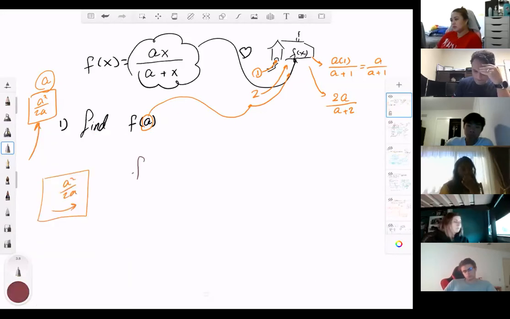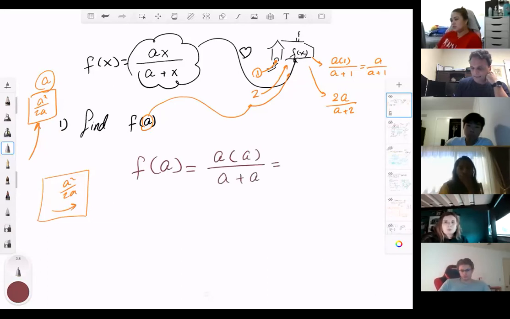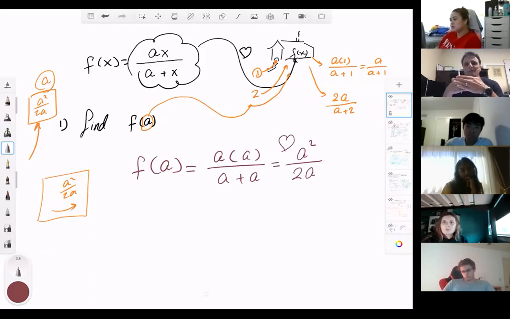We have f of a will be a times a over a plus a. A times a is a squared. A plus a is 2a. I know you guys got super happy. Oh, we solved it. We got this. But no, you have to do one more step. This is a multiplication.